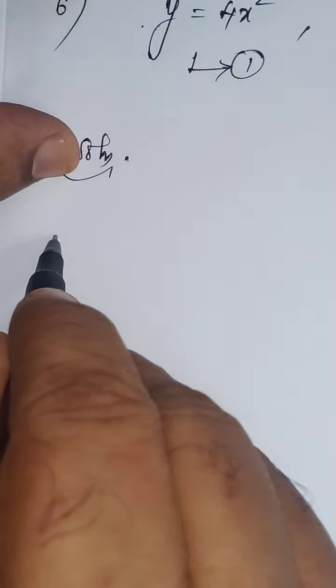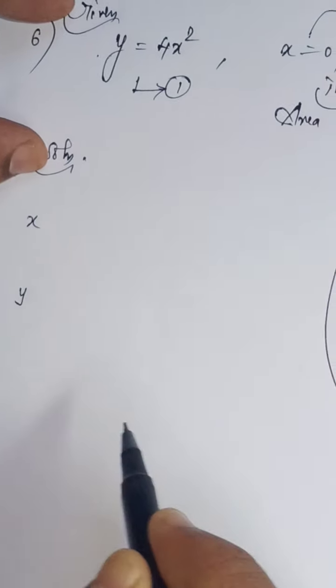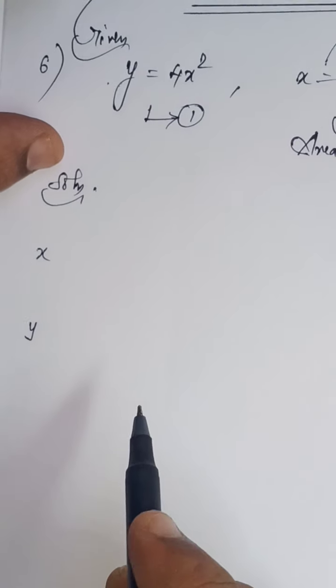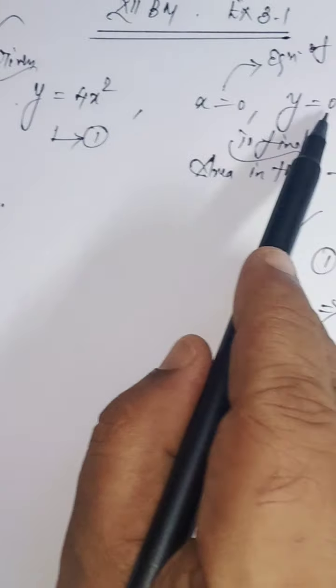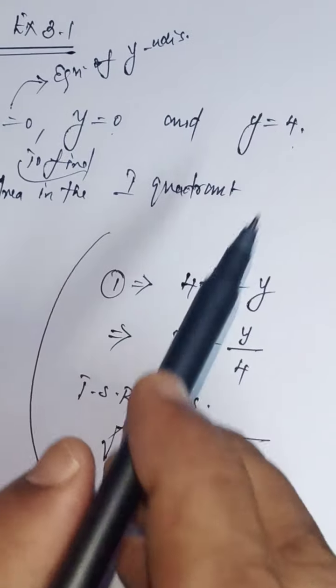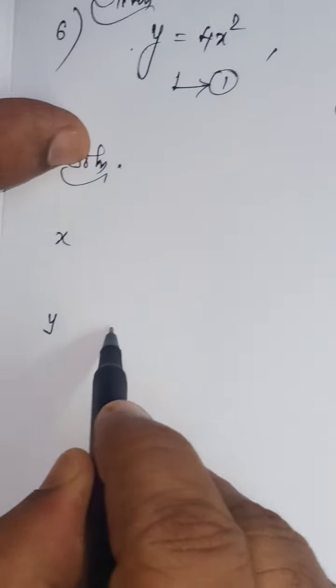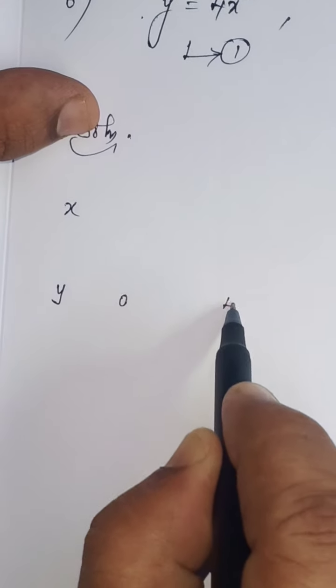Now write x and y. We have to trace the curve. Here we are given y equals 0 and y equals 4.